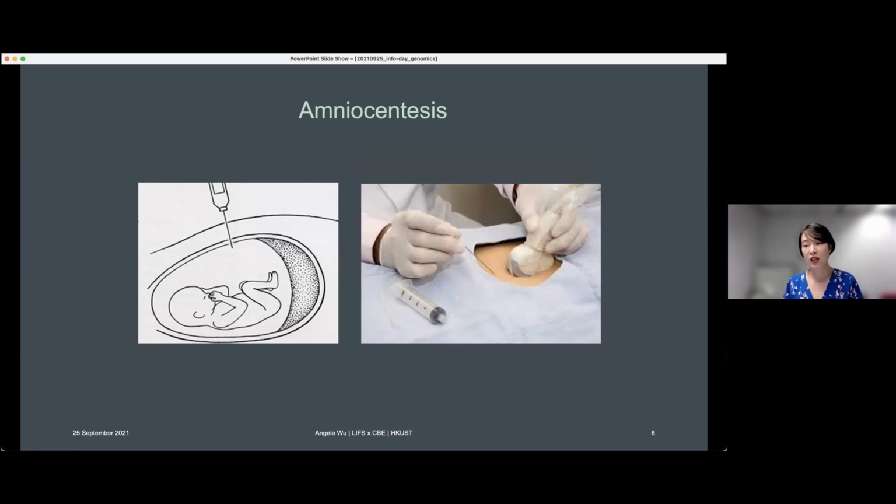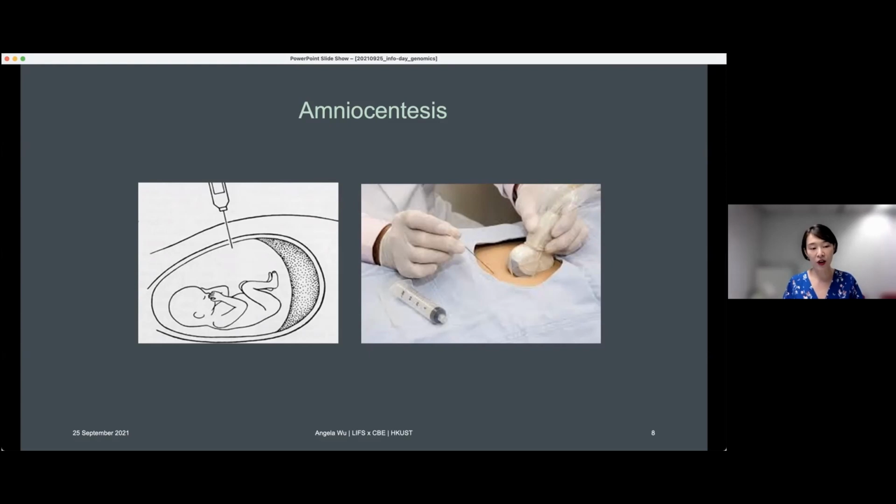So previously, before the existence of this next generation sequencing technology, the way that people diagnosed Down syndrome is they had to insert this giant needle into the belly of the pregnant mother and suck out some of the amniotic fluid, which is around the baby. It's only in this way that they can get access to the baby's cells and then look at lots of those cells to see whether it has an extra chromosome or not.